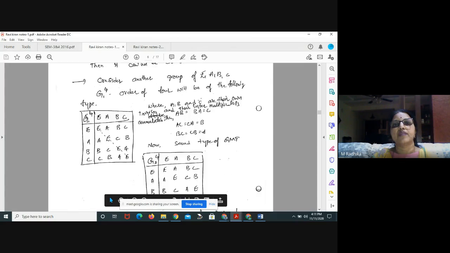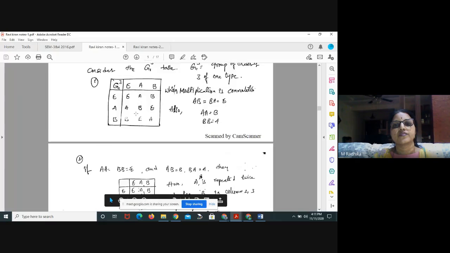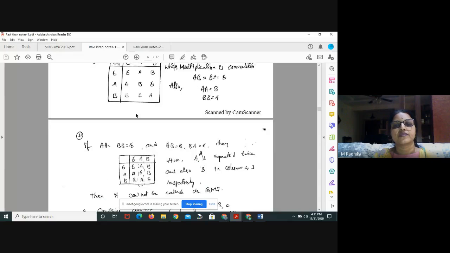Let's look at the above group multiplication table for G3. We have used this one for G3, where A into A equal to B and B into B is equal to A. Suppose I use the other way around, that is A into A is equal to B into B equal to E, and A into B equal to B and B into A equal to A. The way we have done just now.